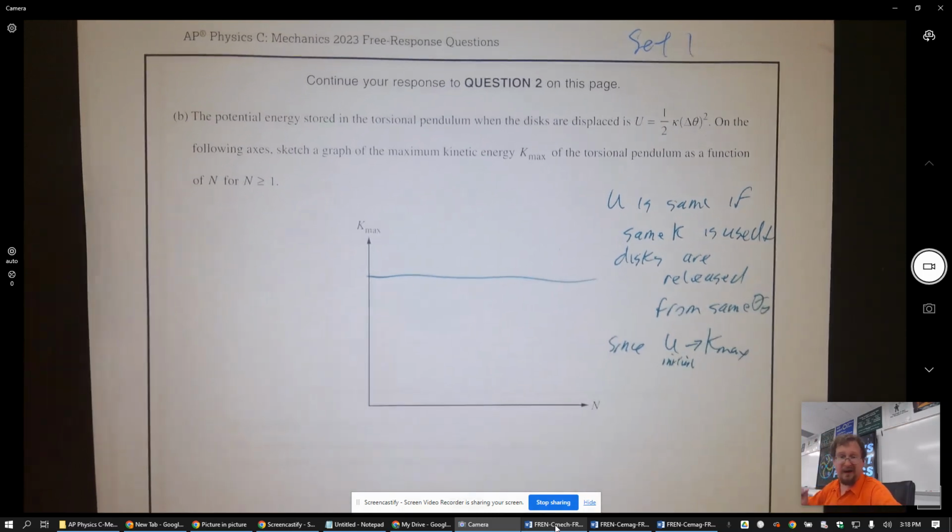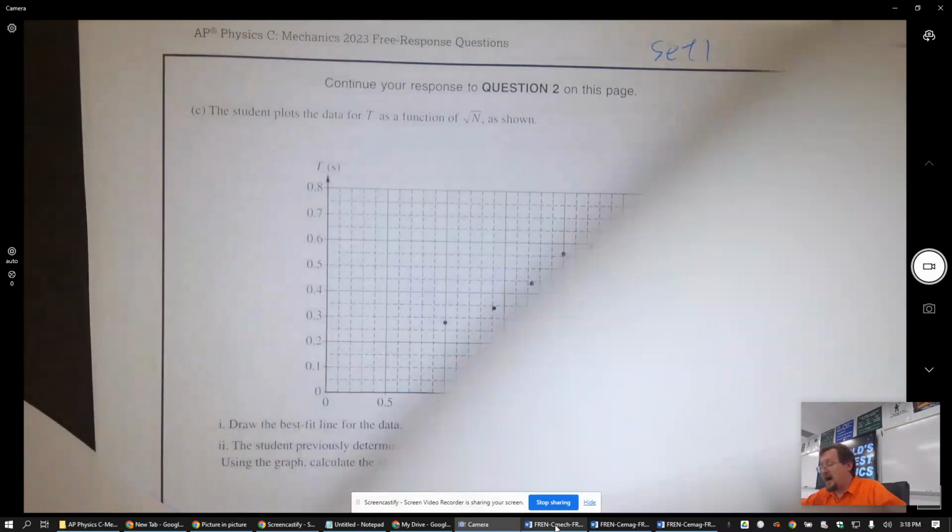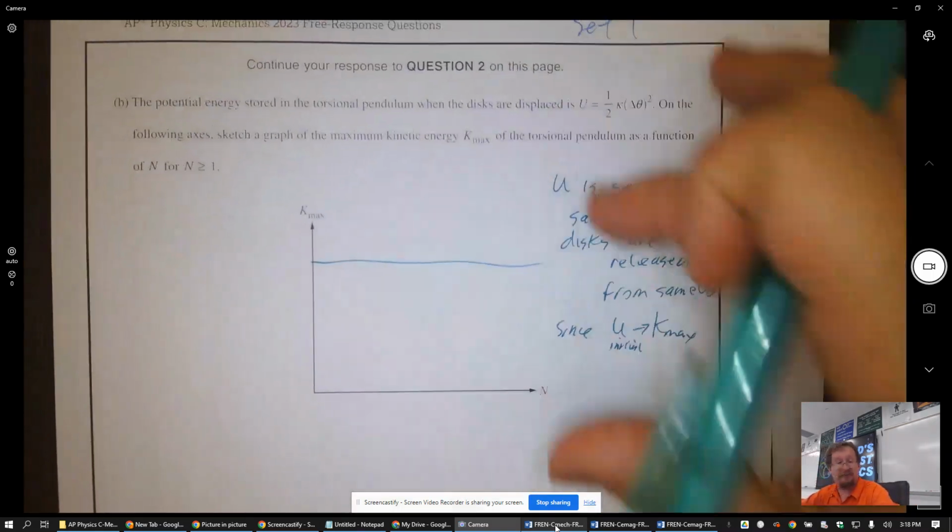There's no dependence on the number. Now, they'll move slower and have a longer period, but they will have the same kinetic energy. Okay, the entire page was just for that flat line.